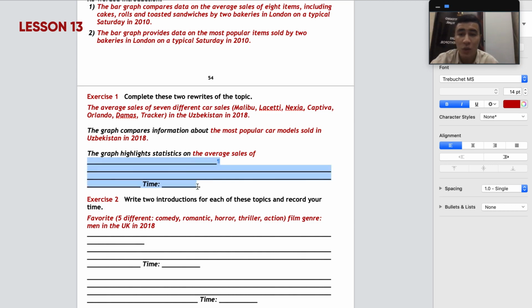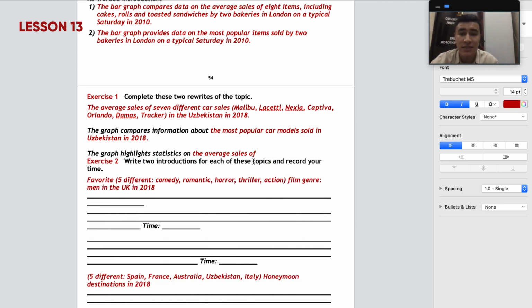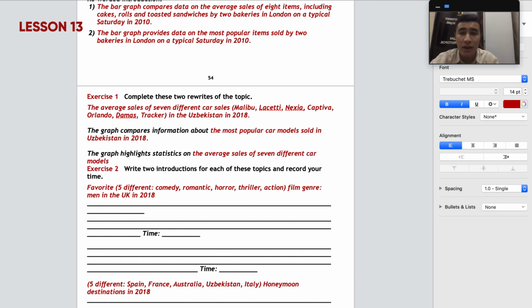Okay, the second one, the graph highlights statistics on the average sales of 7 different car models. Now I'll have to name some of them, including, let's say, Malibu, Captiva, and Tracker in Uzbekistan in 2018. Okay, let me check them.